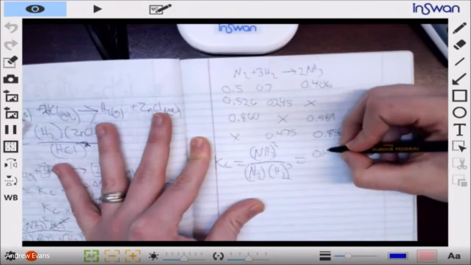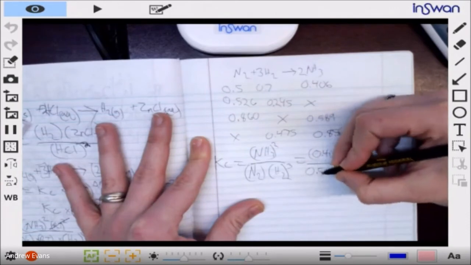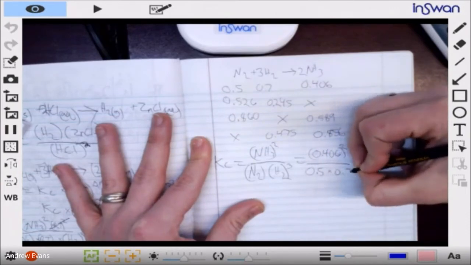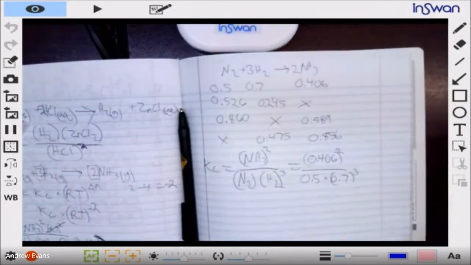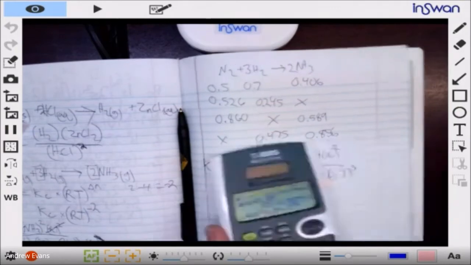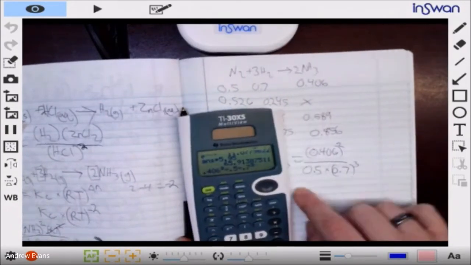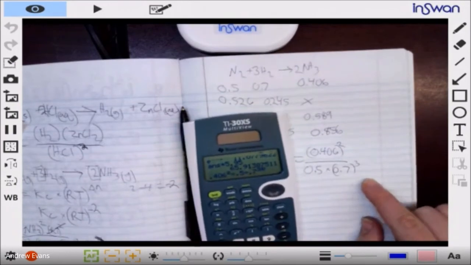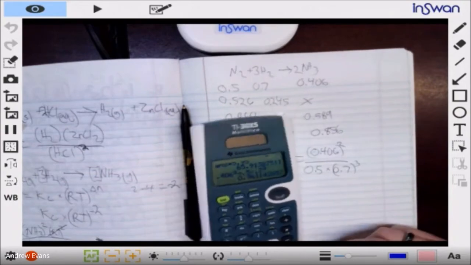So 0.406 squared divided by 0.5 times 0.7 cubed. It's just a matter of plugging that in. Please note, if you're going to multiply 0.5 by 0.7, make sure to put those in parentheses.